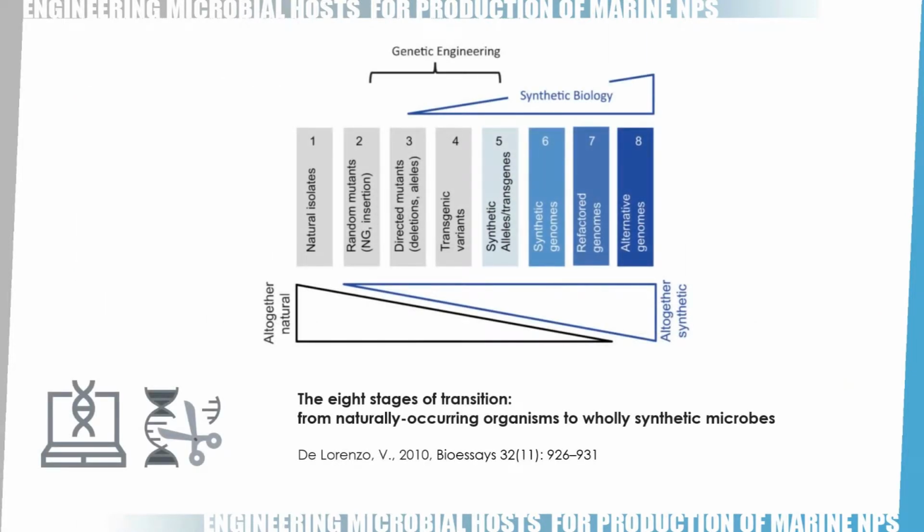In this graph, the 8 stages of transition from naturally occurring organisms to wholly synthetic microbes are presented. In the lowest rank we have natural isolates and naturally occurring microorganisms. Then we subsequently progress through random and targeting changes in DNA. In the end, entire genomes can be created by means of large-scale DNA synthesis.